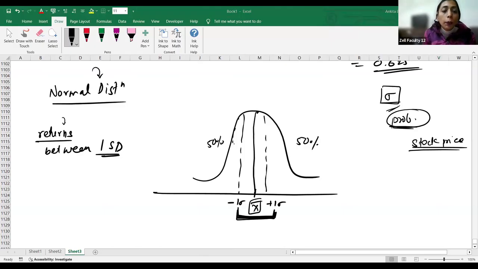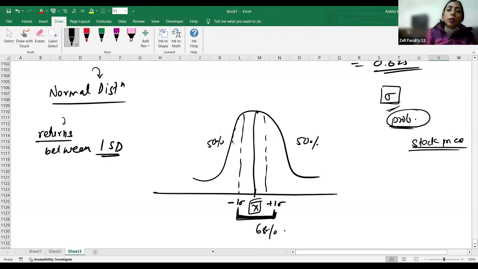The probability that the values would be within one standard deviation of the mean is 68.3%. So approximately you can say 68%, easy to remember.